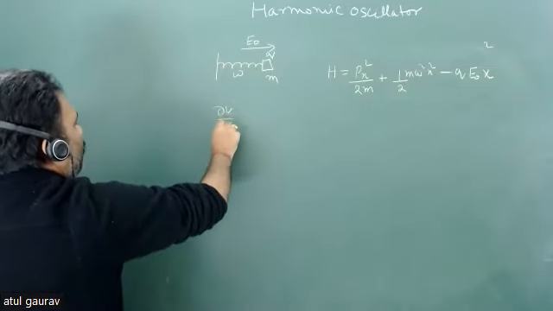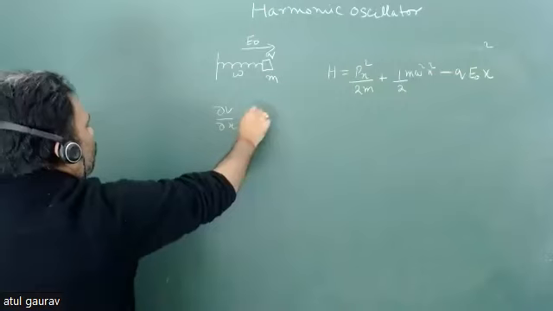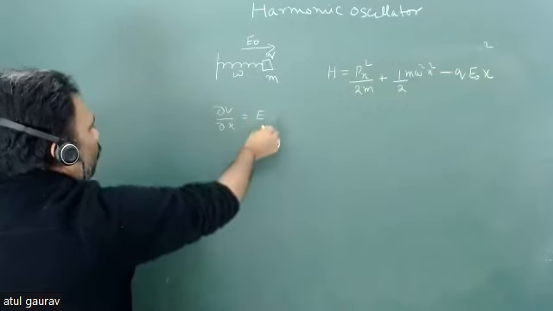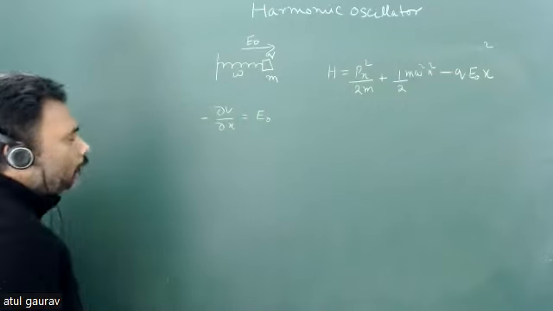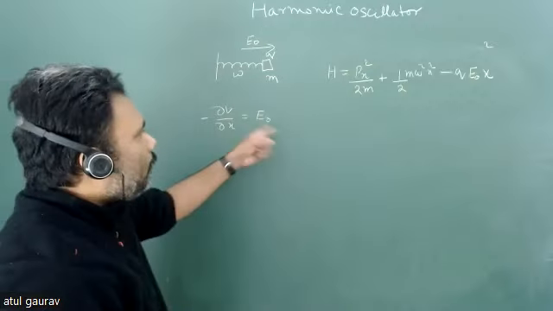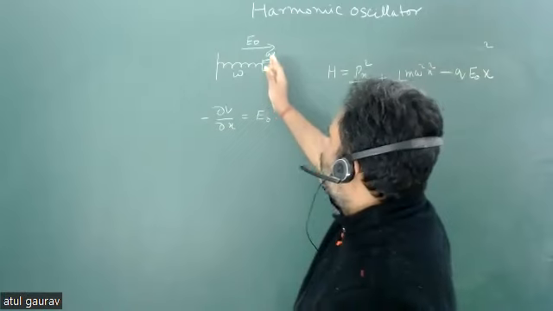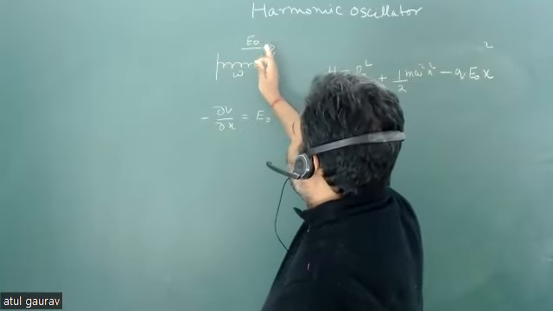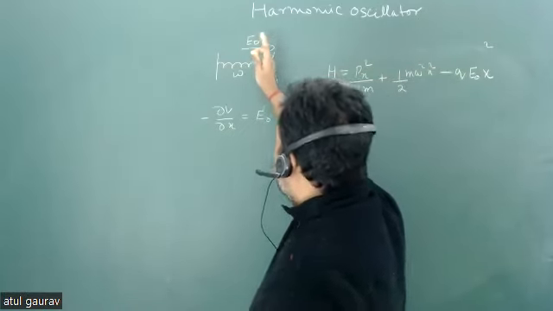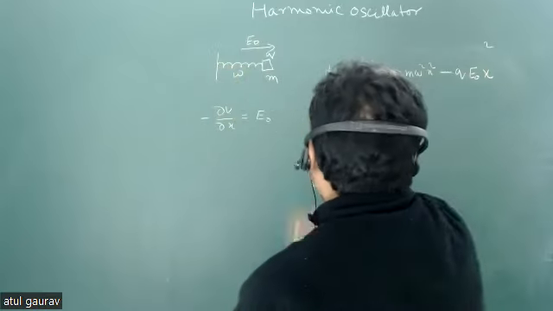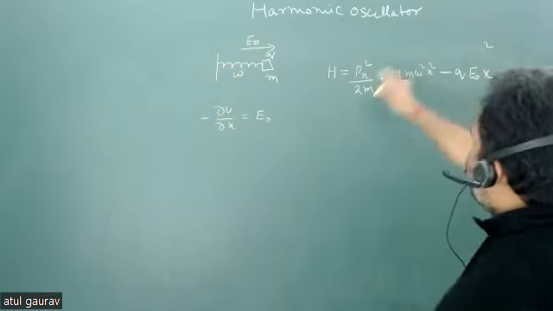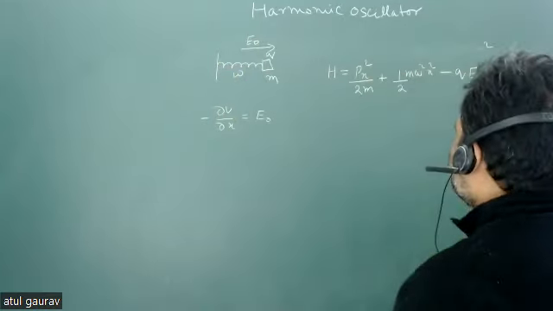Del V upon del x is equal to E, है ना? With the negative sign. So you can easily find this one. And we have the initial condition that the origin of this source of electric field is at the equilibrium point, so there is not any constant. So this is my Hamiltonian.